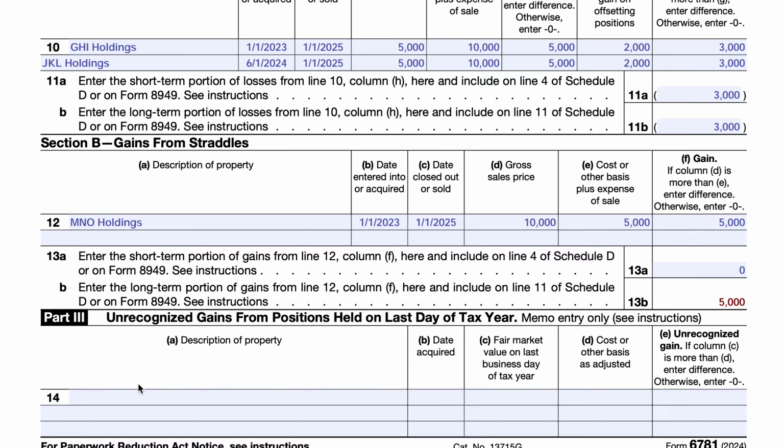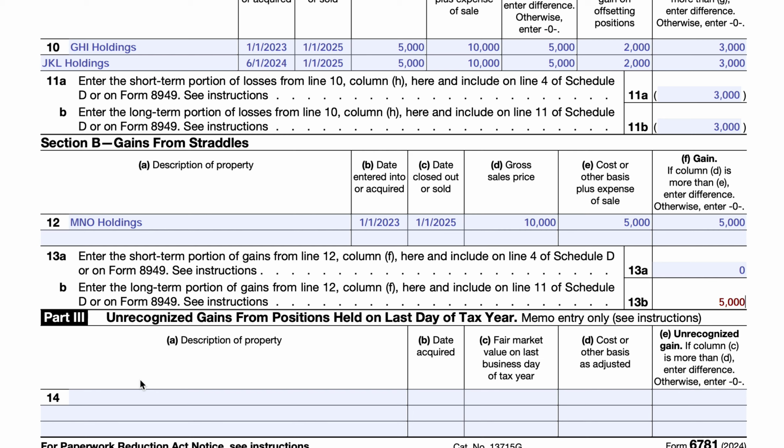Part 3 is where you're going to list each position, whether or not it's a straddle, that you held at the end of the tax year, if the fair market value at the time exceeds your cost or other basis as adjusted. So this would include any position where you're holding because it's being held by a related party.